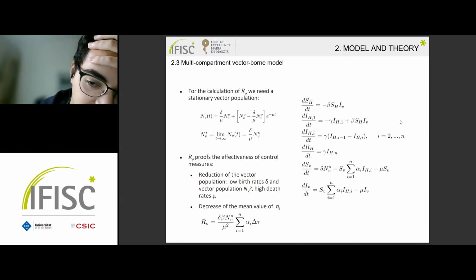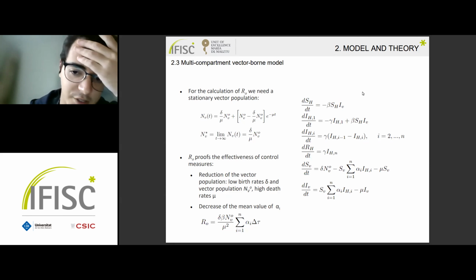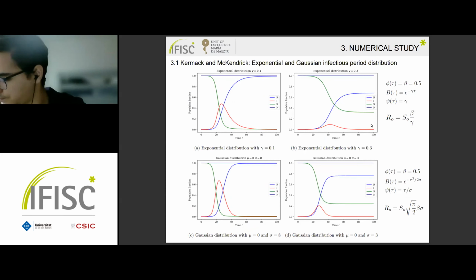These equations can be easily generalized to a case in which we have host-to-host interaction. For example, if you want to model a vector-borne disease like malaria, in which there is also contact between hosts, between humans, these equations are very easy to generalize to this case, but we won't use this in the medical study section.